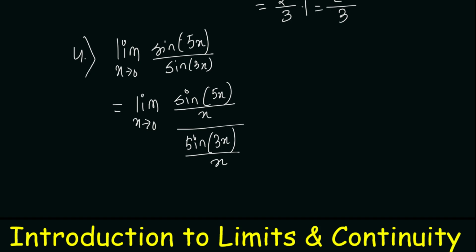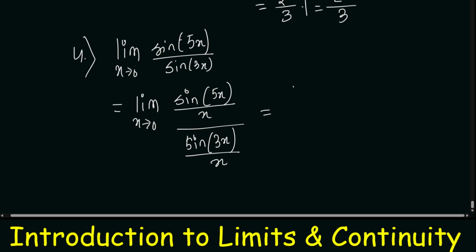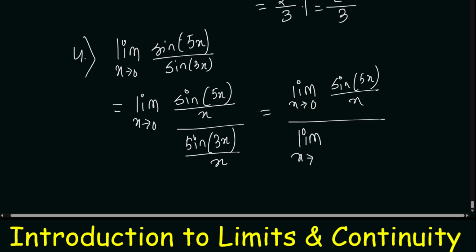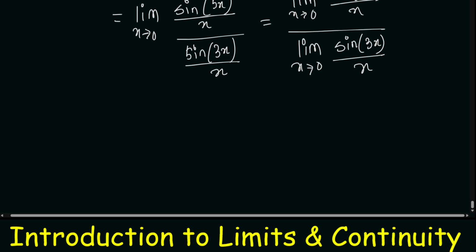So sin 3x by x is not going to be 0 at least when x is tending to 0. So according to the division rule, we can separate them and write them as separate limits like this: limit x tends to 0 sine of 5x by x, whole divided by limit x tends to 0 sine of 3x by x. Now, what we can do here is this: we have to again adjust for the 5 and the 3 so as to get the perfect form for sin x by x.